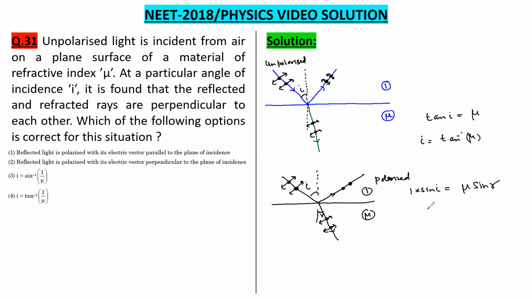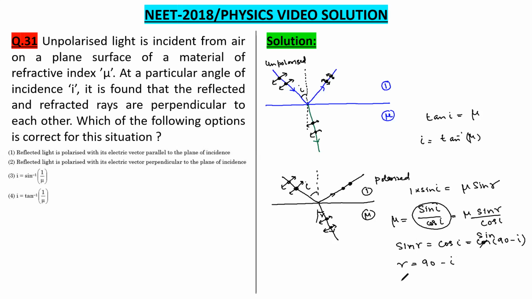So if I divide by cos I, sine I upon cos I is equal to mu sine R upon cos I, and sine I by cos I is tan I, which is mu. So what we will get? We will get sine R is equal to cos I, which can be written as cos of 90 minus I, which can be written as sine of 90 minus I. It means R is equal to 90 minus I, meaning I plus R is equal to 90 degrees.